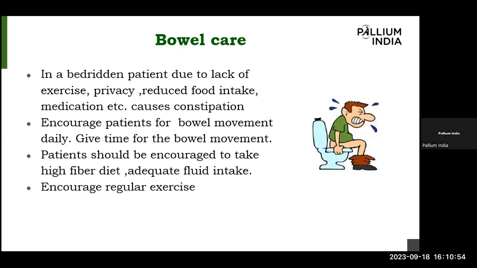And always give time, as I mentioned earlier. If they are able to take a fiber-containing diet, you have to allow them to take it fully, because if they don't take a high fiber diet, it can also cause constipation. And regular exercise also.